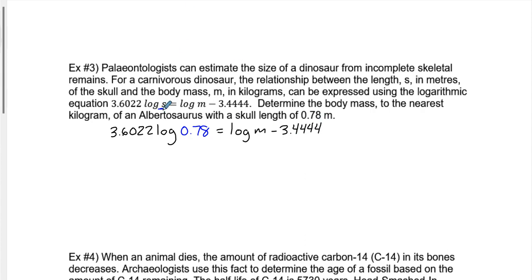So right now, our only variable is this m. So we need to get our m term by itself. When we do that, we just have to add our 3.4444.